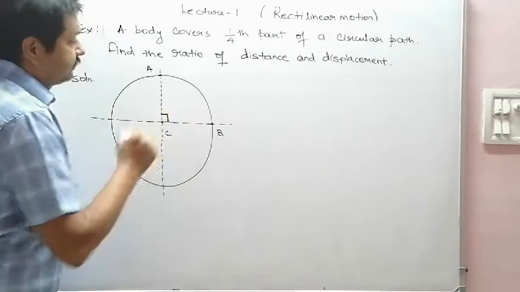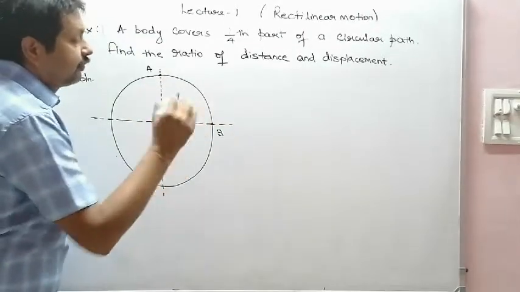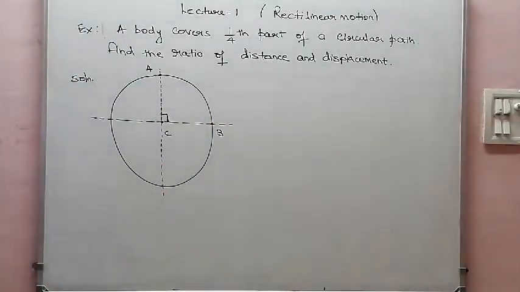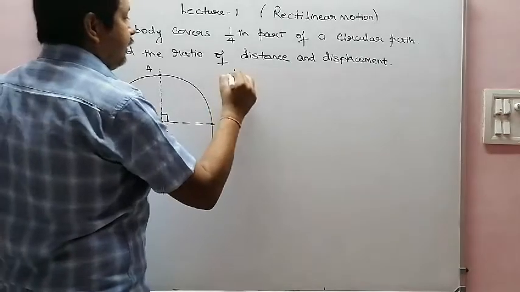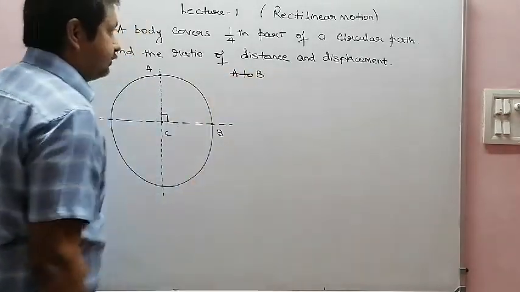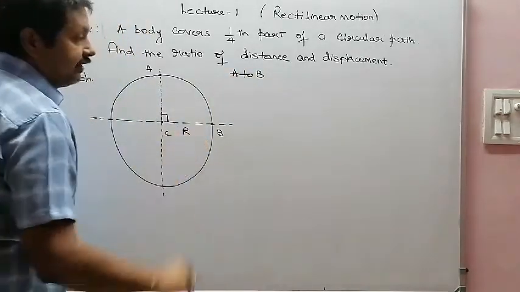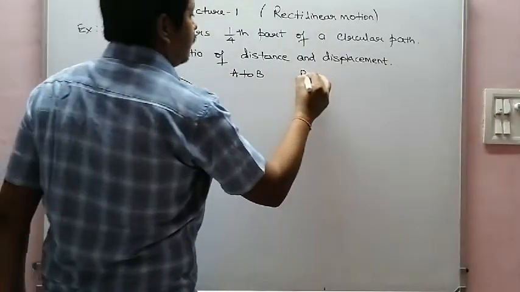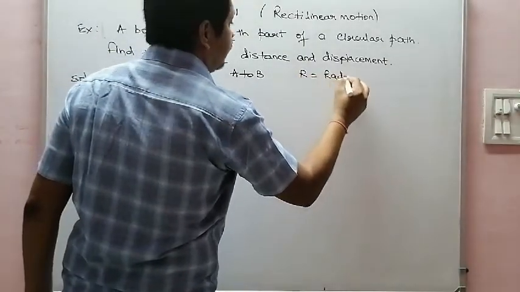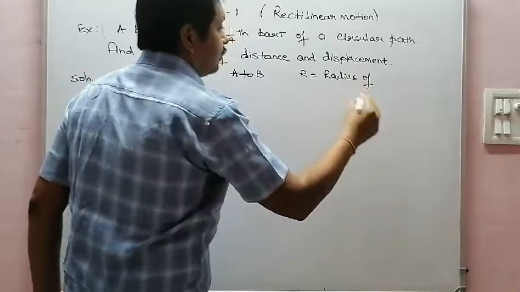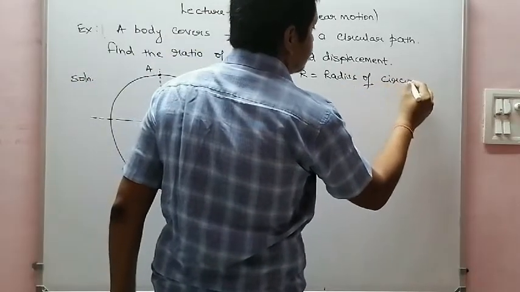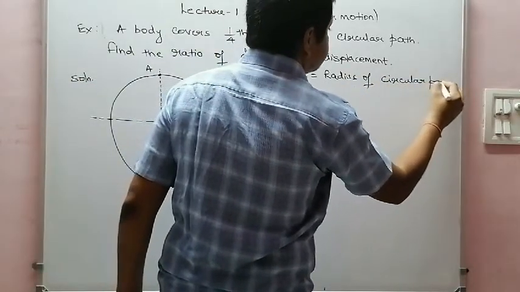This is 90 degree. The particle is moving from A to B. Let R be the radius of the circular path.